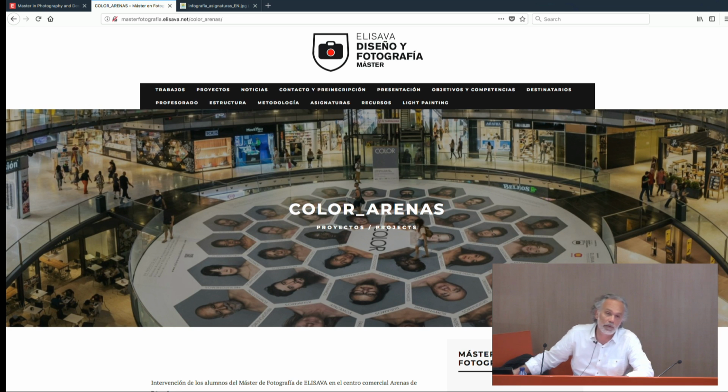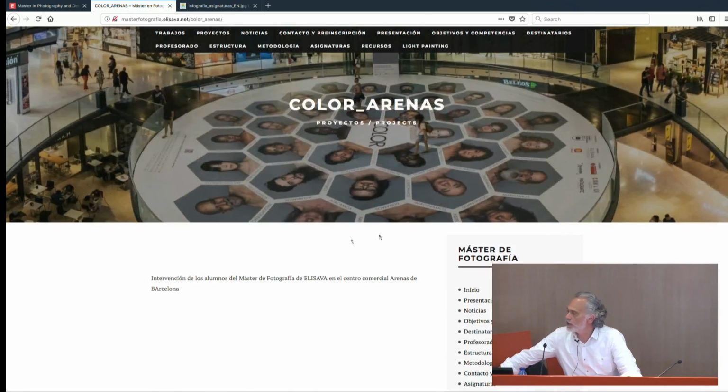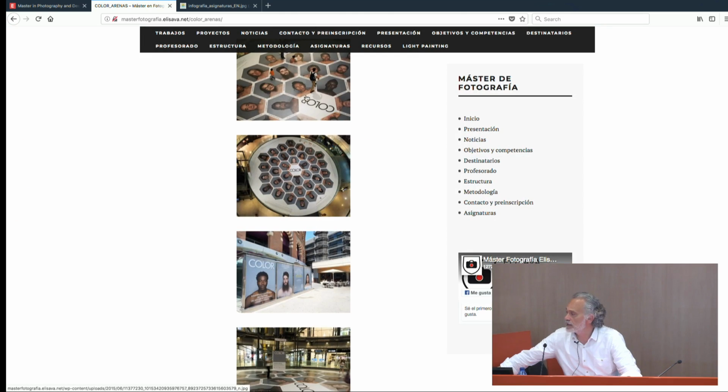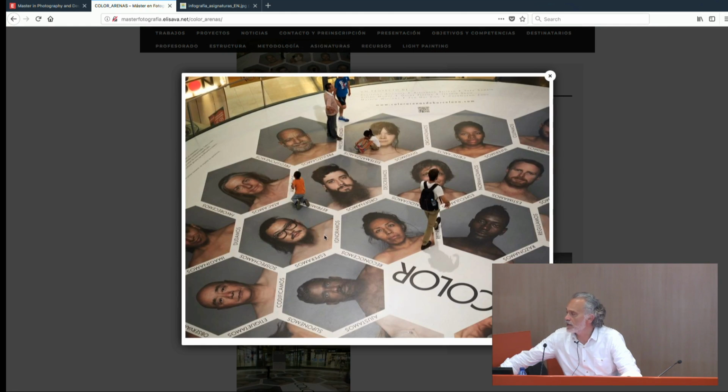This used to be a bullfighting ring. Now it's a shopping center. So we intervene in this space with the project. This is almost 200 square meters of photographs on the floor. You can see here the scale.